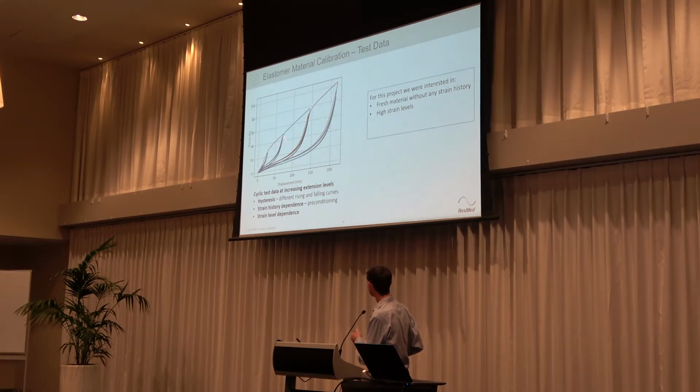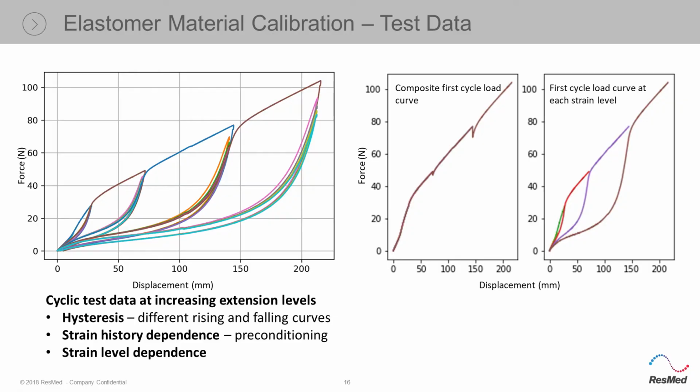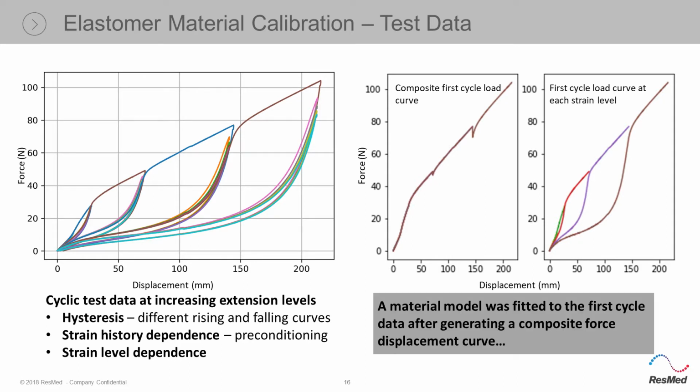And you can see similarly, after it's stabilized here, follow that curve up the top. So the advantage of that means we can just do one test, get really rich data sets, but in this case we're interested in the first cycle data, so we can build a composite load curve on the left, taken from the first cycle at every load level. And the other convenient thing in this case is that that curve shape approximately matches the type of curve shape you can get from a neo-Hookean model. So all the things are aligning into what we want to do.